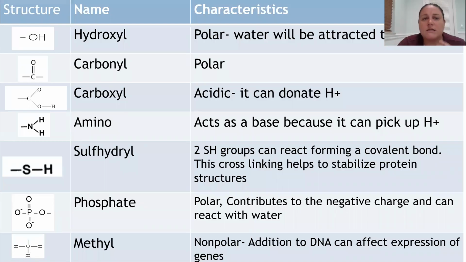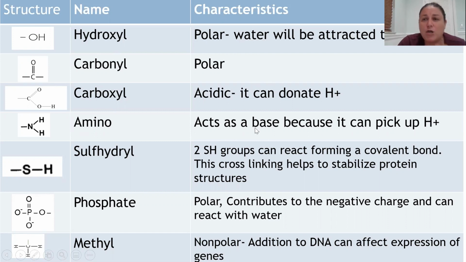And so this is just a list of the functional groups. And what you really need to pay attention to is you do need to know the structure. So these are structural formulas, and you need to know what they're called so that way you're able to recognize them in molecule pictures. The characteristics, you don't need to have necessarily memorized.